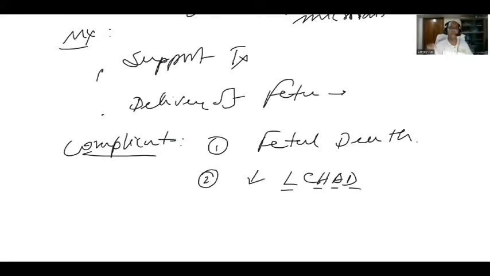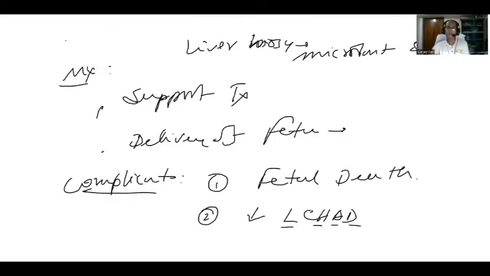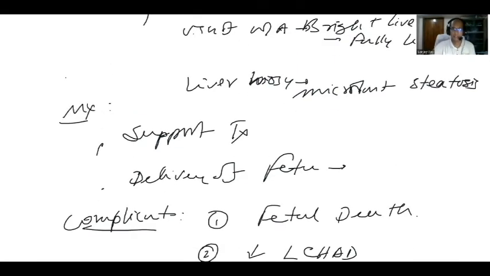This is an enzyme. So these are the two complications which are usually found in acute fatty liver of pregnancy.